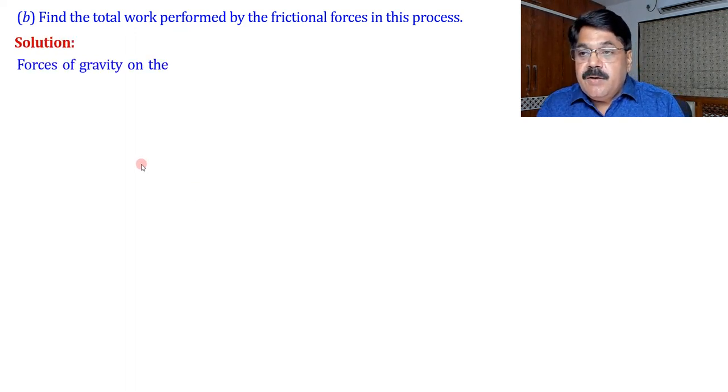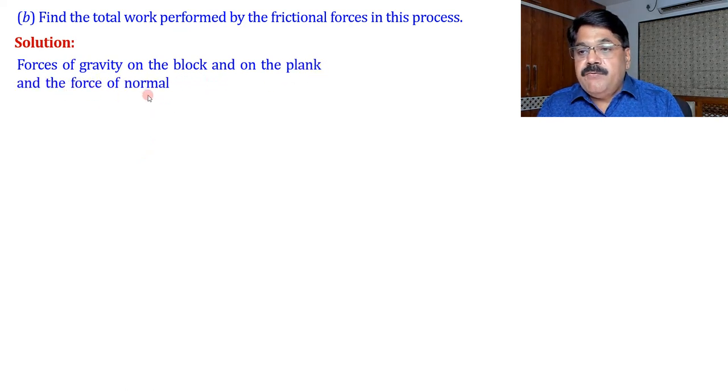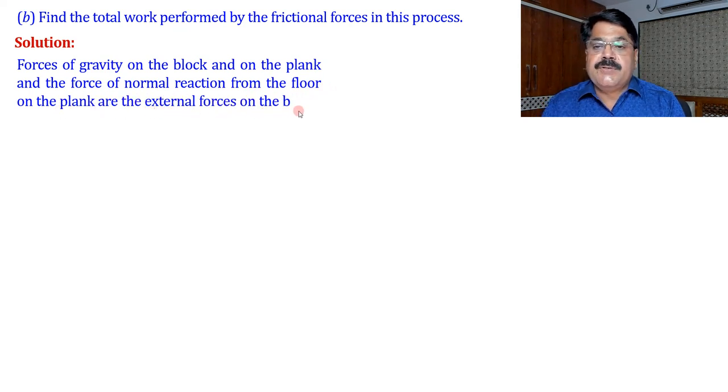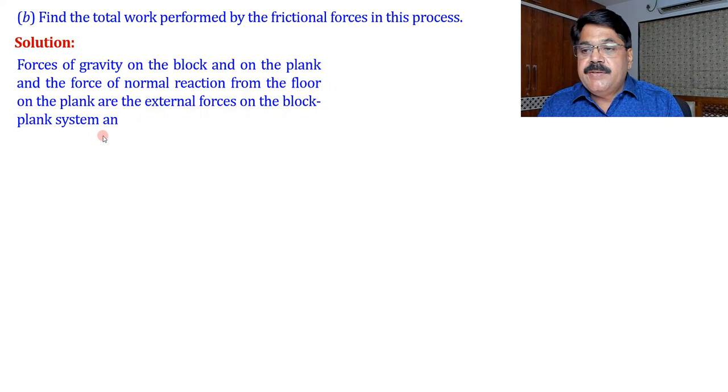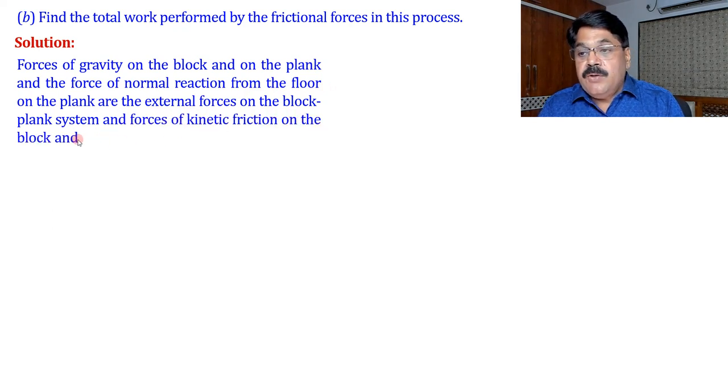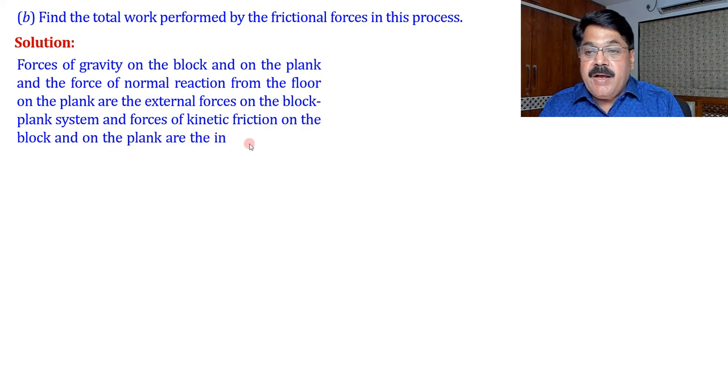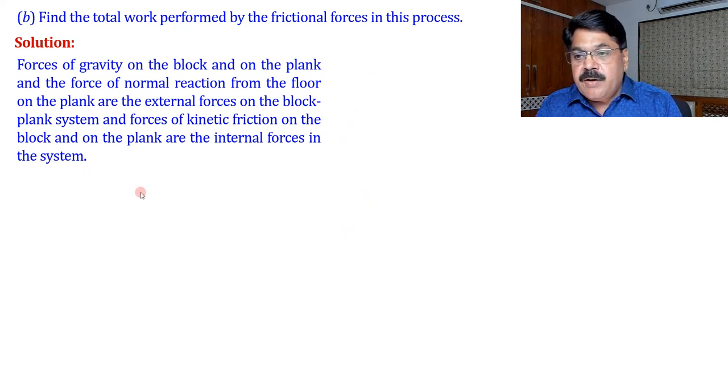Forces of gravity on the block and on the plank, and the force of normal reaction from the floor on the plank, are the external forces on the block-plank system, and the forces of kinetic friction on the block and on the plank are the internal forces in the system. And of course, there is a normal action between block and plank, so that is also an internal force.